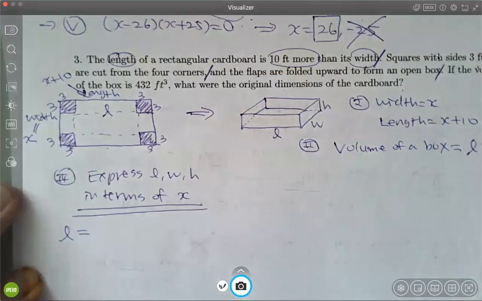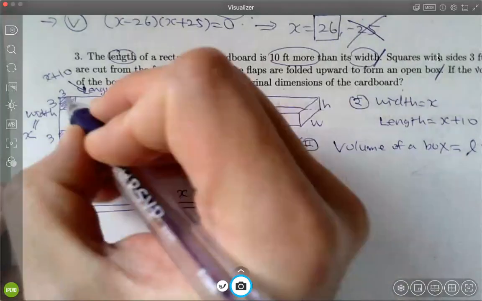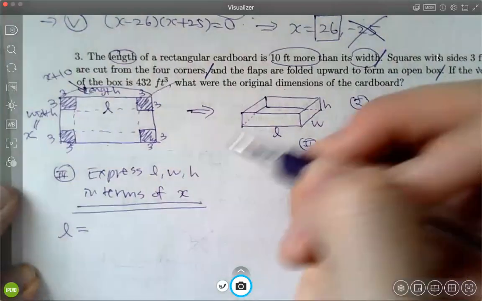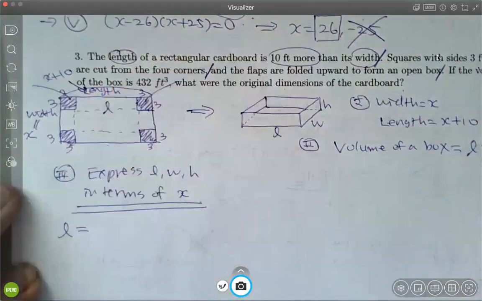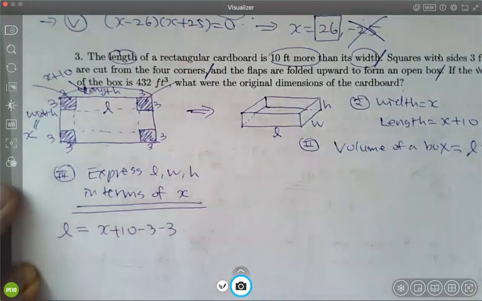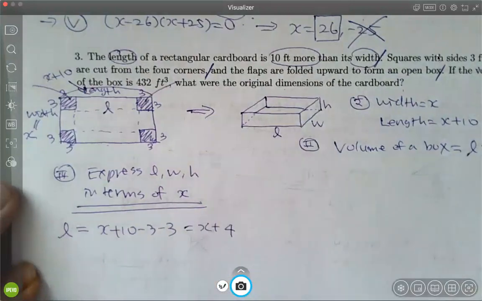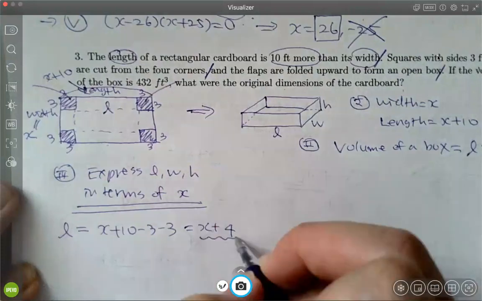Now, how do you get L from the original length, x plus 10? X plus 10 minus 6, yes. So it's x plus 10, and then you cut out 3, you cut out another one, right? So x plus 10 minus 3 minus 3, and what is that? X plus 4, right? So x plus 4 is the length of the box.